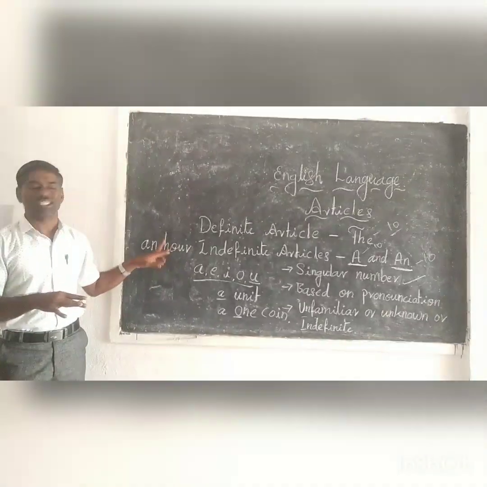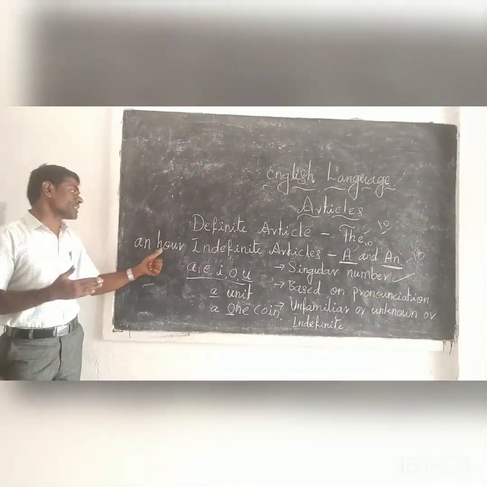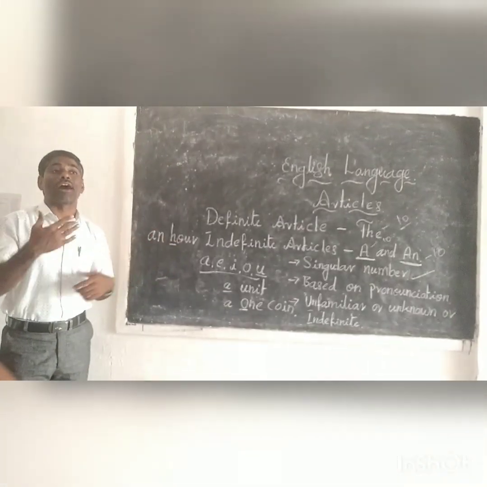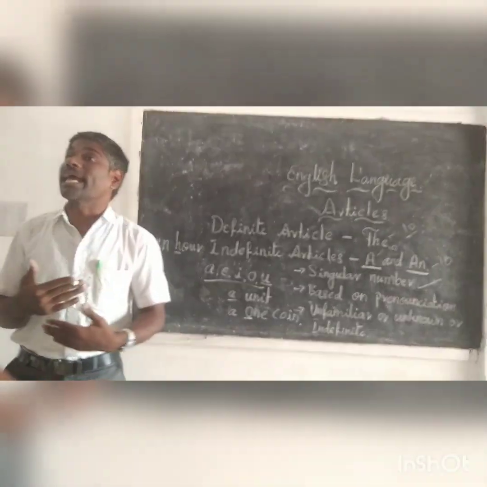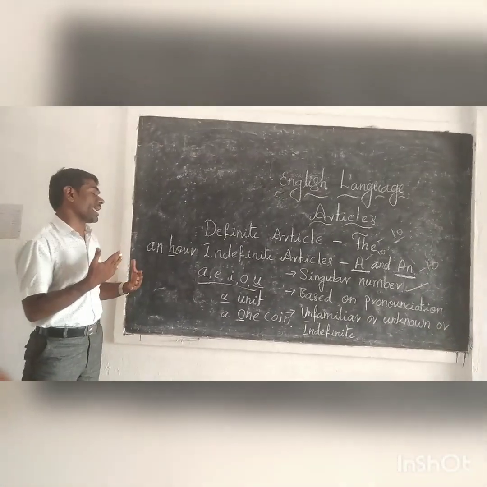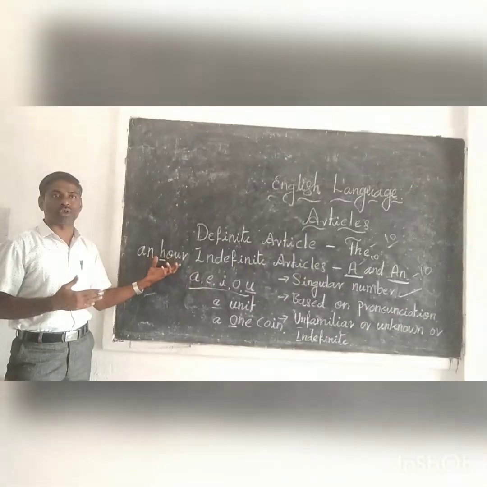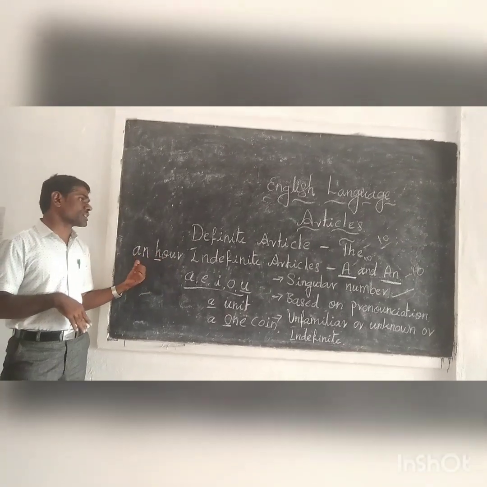H becomes silent, so the word's pronunciation starts with a vowel sound. That's why an hour, an honest man, an honorable person, an heir. So these are the words, an heir, not hair. These are words starting with a consonant letter, but before them we can use an.